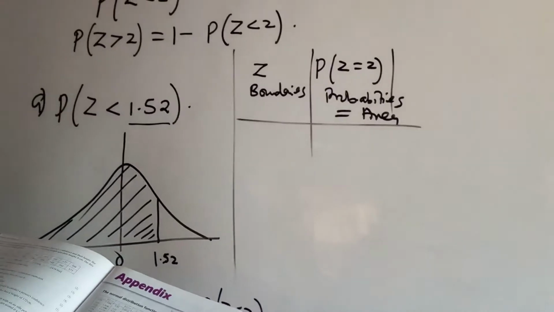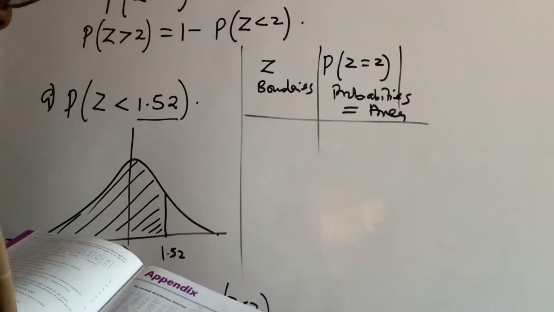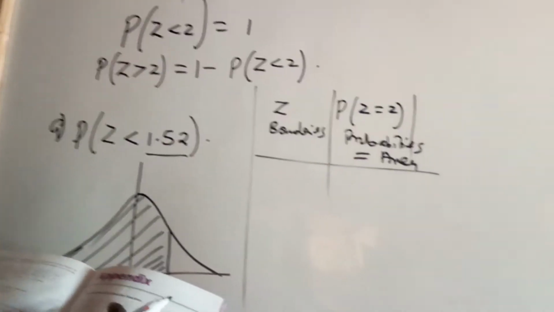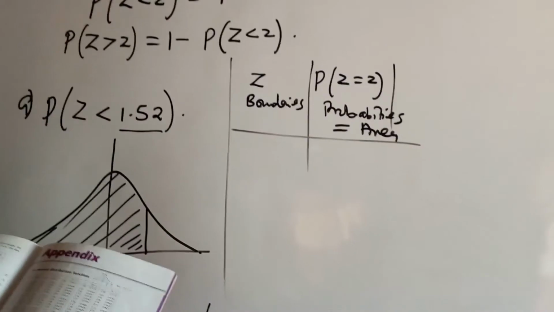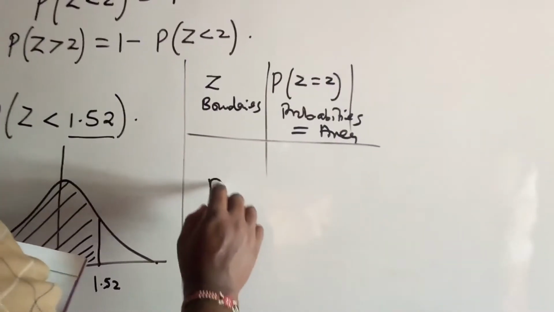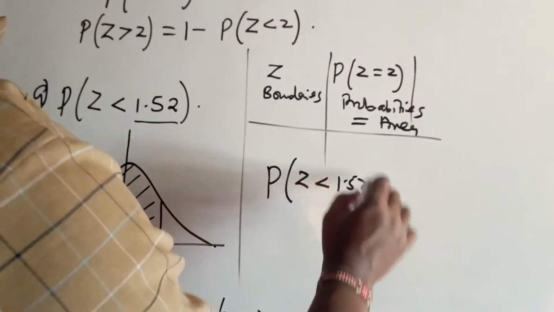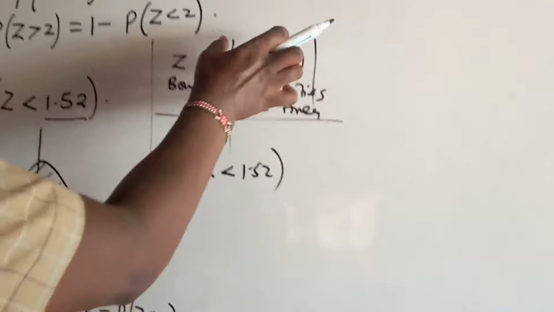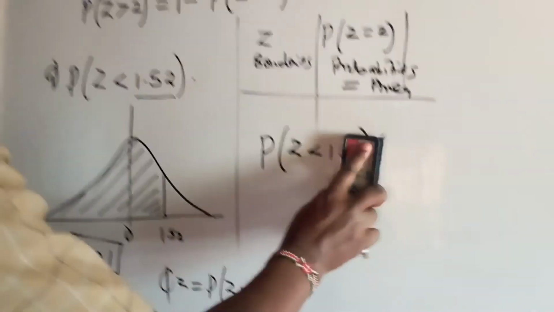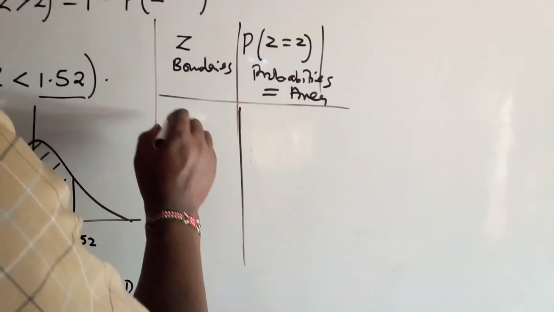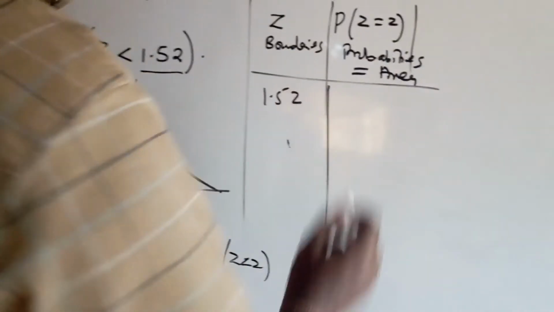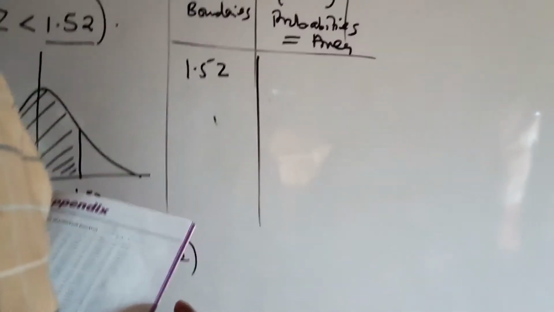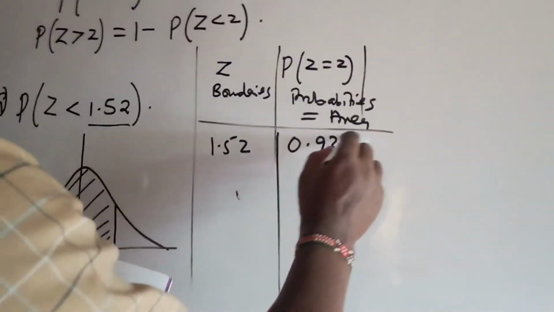We identify it is in the fourth column, 1.52, row number 2, and the probability of that reading, that means the probability of z less than 1.52, that means the area of the region under 1.52, is the one that is shown under this column, because you can already see that we have our z 1.52, and the value corresponding to that z 1.52 is 0.9357.